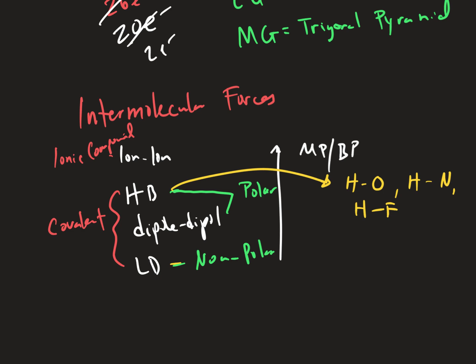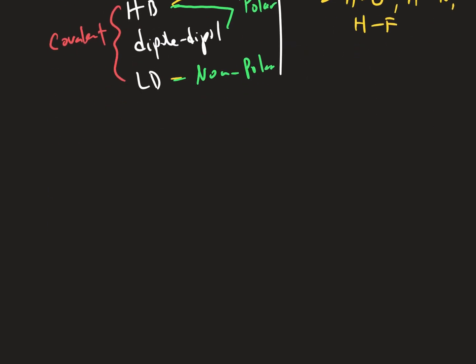Do you know how to name covalent compounds? With the prefixes, right? Mono, di, tri, tetra, penta, hexa, hepta, octa, nona, deca. Right? Hold on, could you say that again?